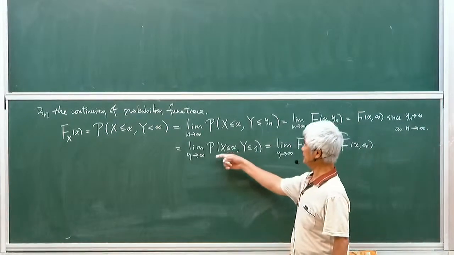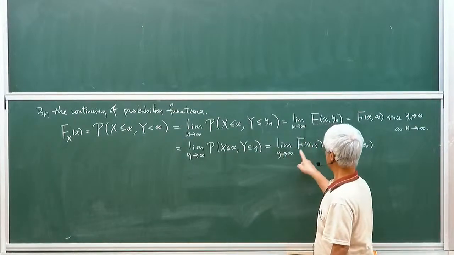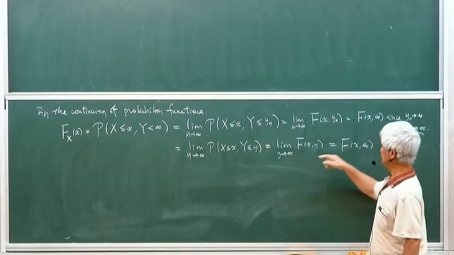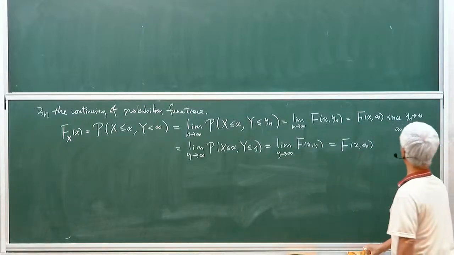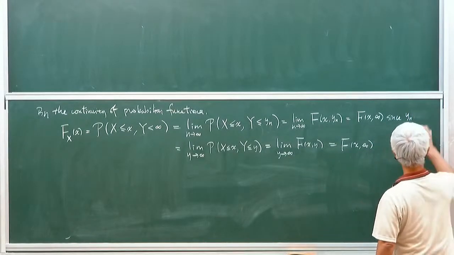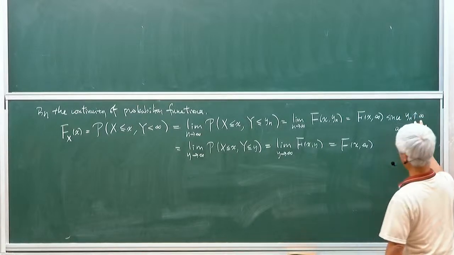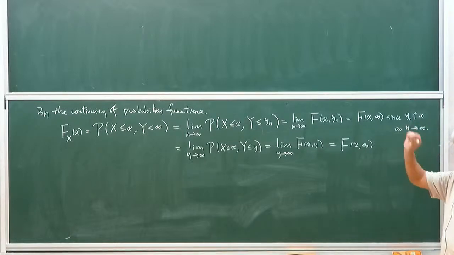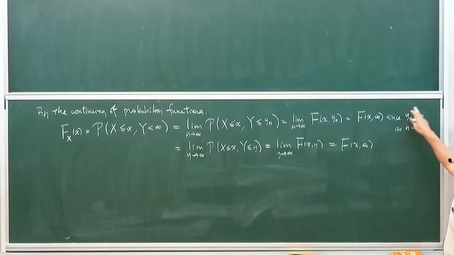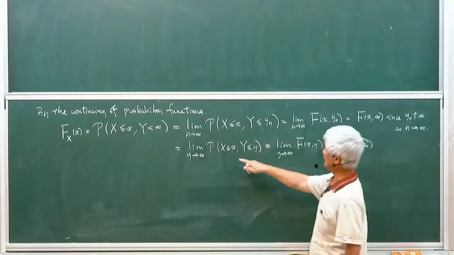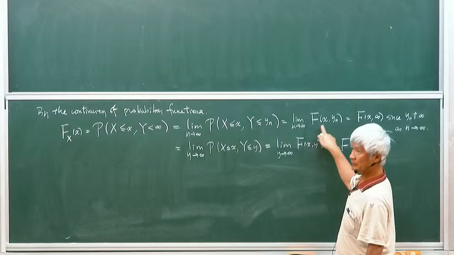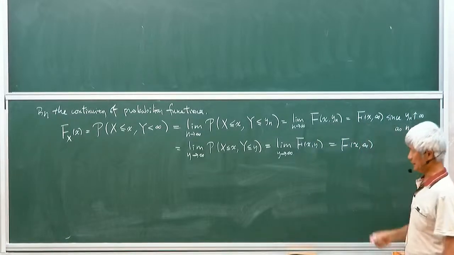The meaning is that we can take any sequence y_n going to infinity as n goes to infinity, so that y sub n is a monotone increasing sequence, and the limit is infinity. So if we take any such sequence, then the limit of the sequence of numbers goes to this number.